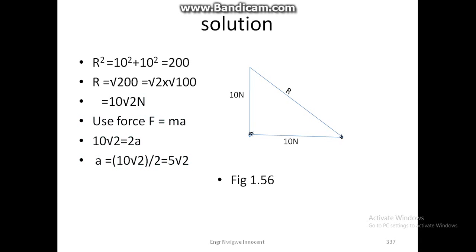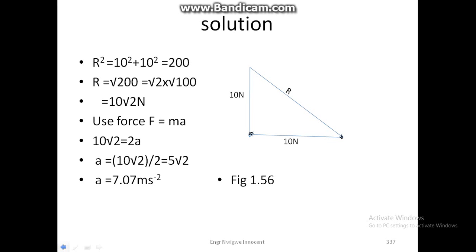We now have 10 square root of 2 divided by 2, which will give us 5 square root of 2, which is also the same thing as 7.07 meters per second squared. That means that the magnitude of the acceleration is 7.07 meters per second squared.